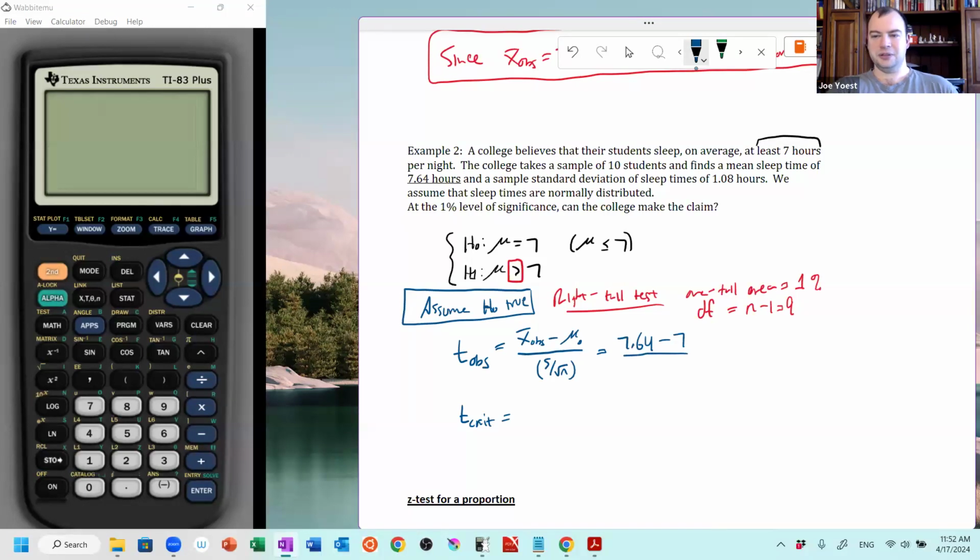If the null was true, this would be the deviation of X bar observed from the actual mean. And how many standard errors away is that? So over S over root N, the sample standard deviation, 1.08, over root N, root 10.